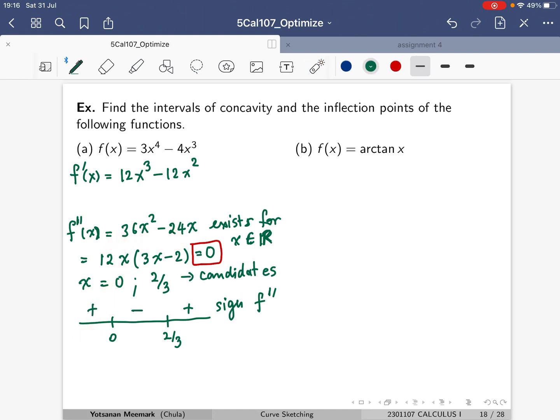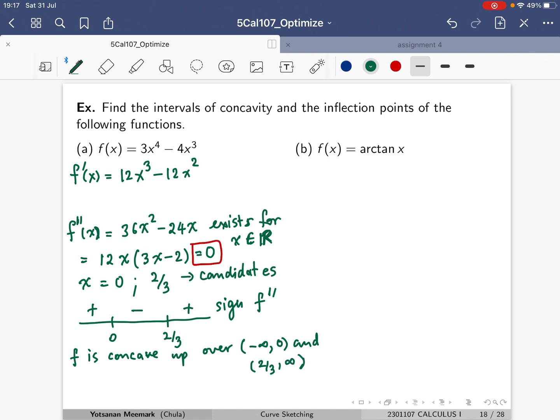Okay, so it means that your f is concave upward over the interval from -infinity to 0 and the interval from 2 over 3 to infinity.